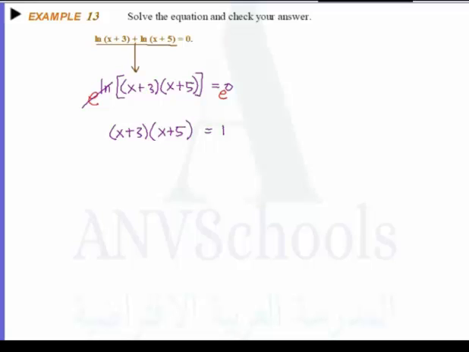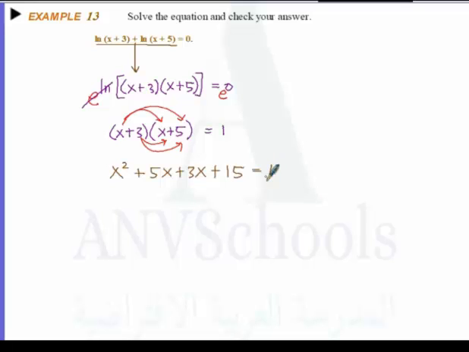So we now use the FOIL method to solve this particular equation, and this will give me x squared plus 5x plus 3x plus 15 is equal to 1.